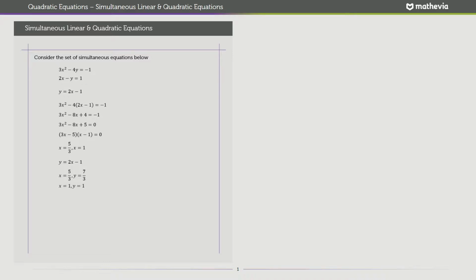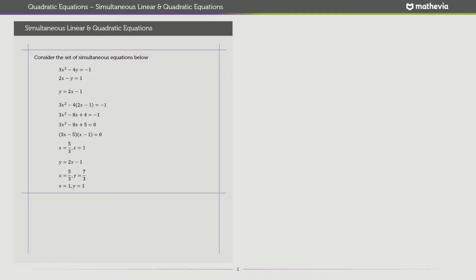For x equals 1, 2 times 1 minus 1 gives you 1, so y equals 1. This is your final answer: x equals 5 over 3, y equals 7 over 3, and x equals 1, y equals 1. And that is how you solve a set of simultaneous linear and quadratic equations.